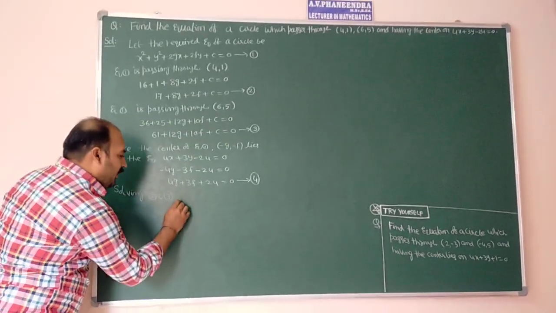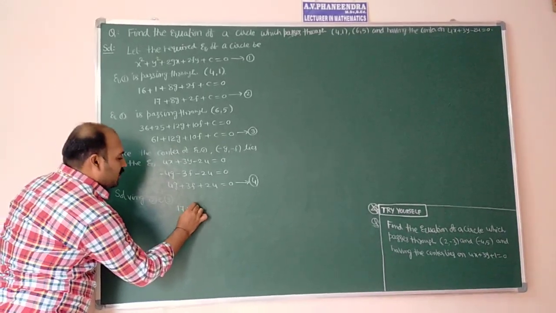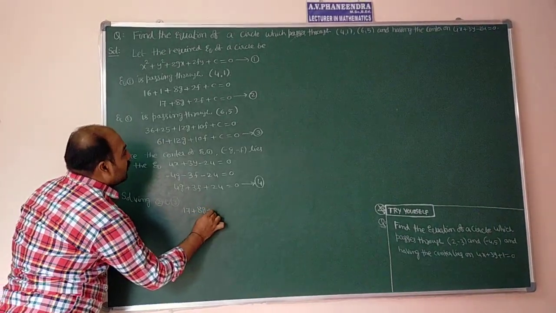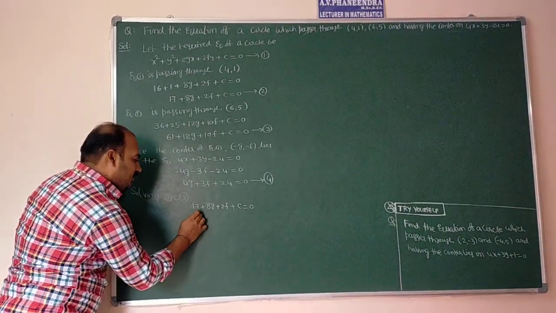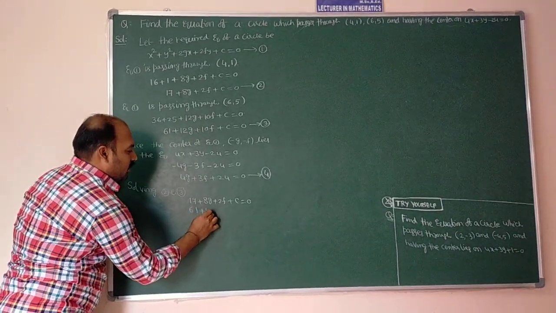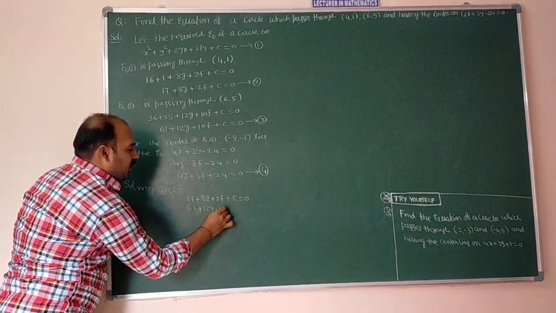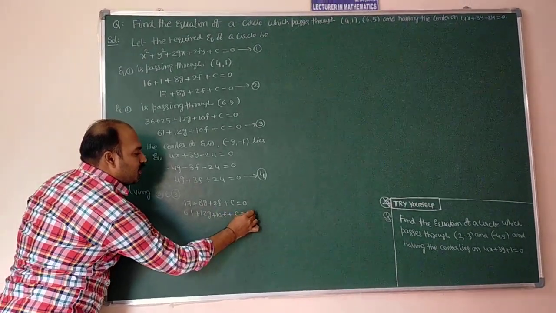So equation 2 is 17 plus 8g plus 2f plus c equal to 0, and equation 3 is 61 plus 12g plus 10f plus c equal to 0.